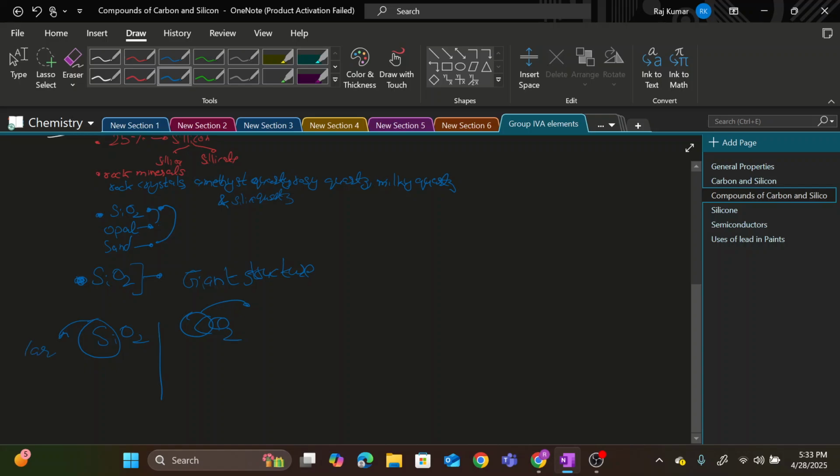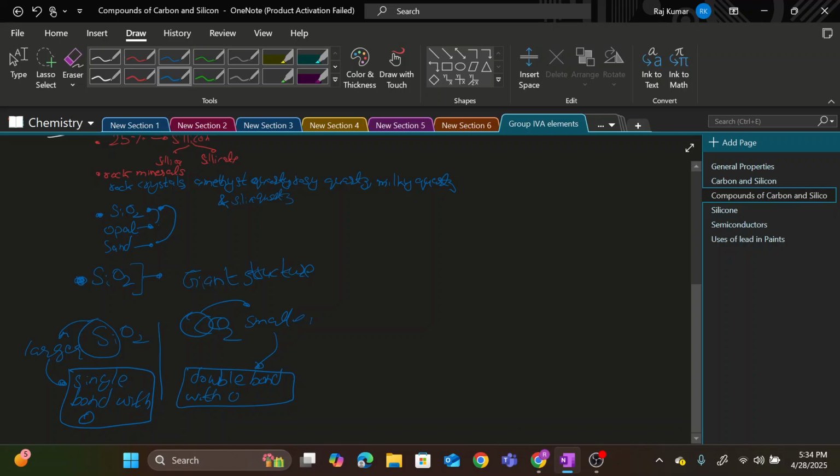Because silicon is a larger atom, it forms a single bond with oxygen, but carbon forms a double bond with oxygen. So these are two more important things: single bond with oxygen, double bond with oxygen.